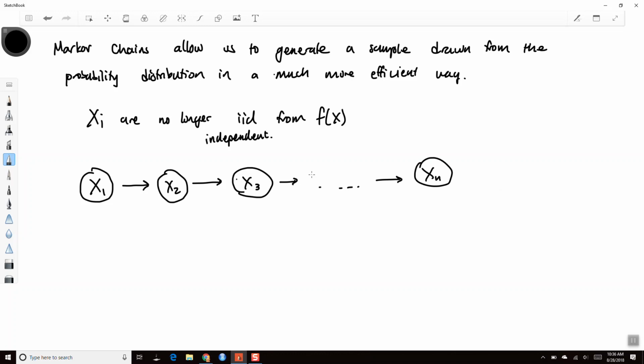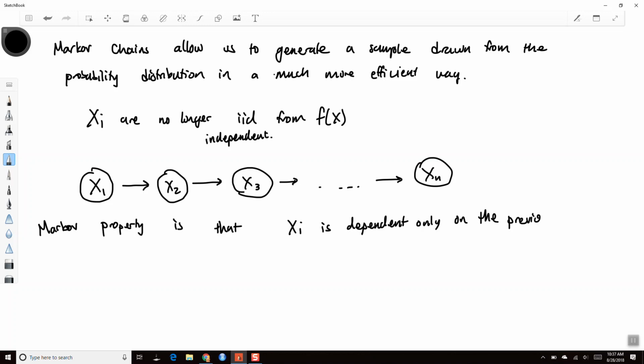And the Markov property is that x sub i is dependent only on the previous value, which we might say is x at i minus 1.